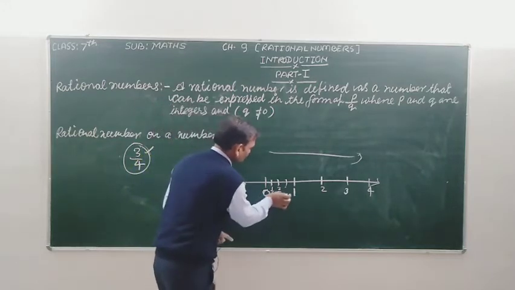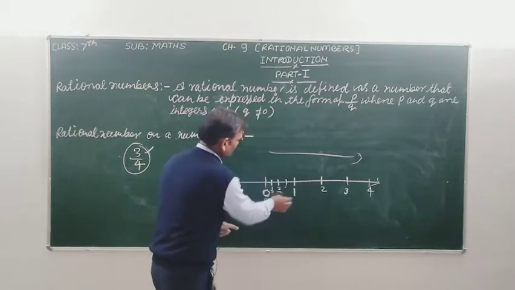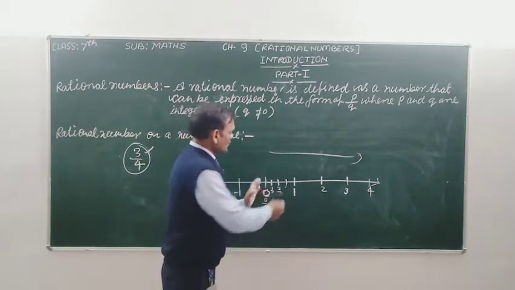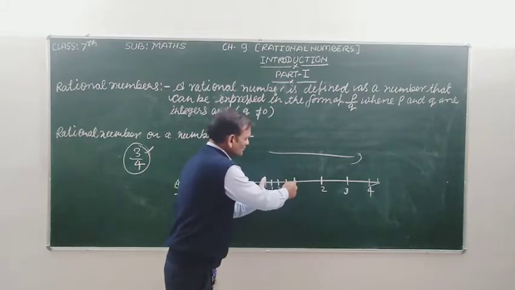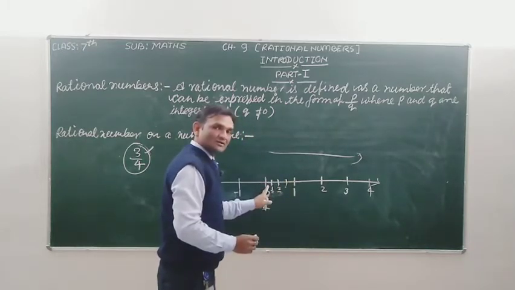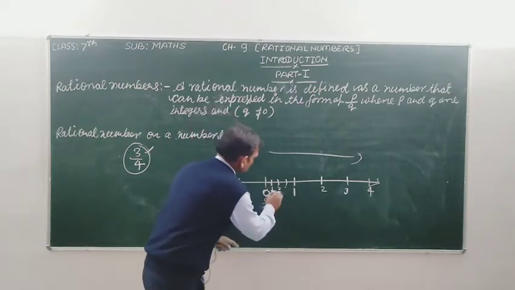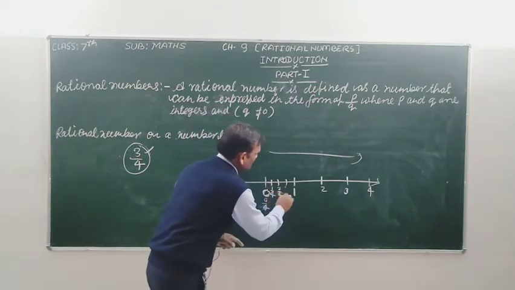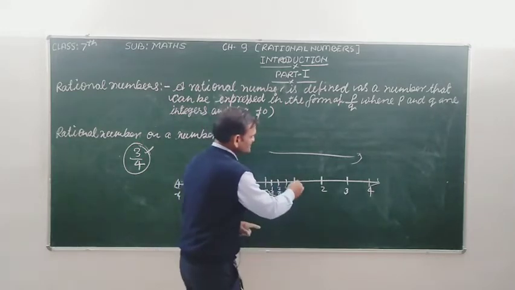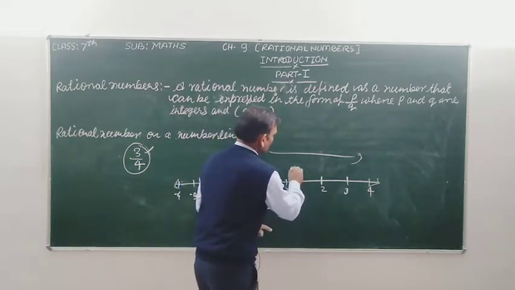Sorry, student, not 3. This is 4, because one whole unit you have divided into 4 equal parts. So one part represents 1/4. So this is 1/4, this is 2/4, and this part is 3/4, and the last part is 4/4.